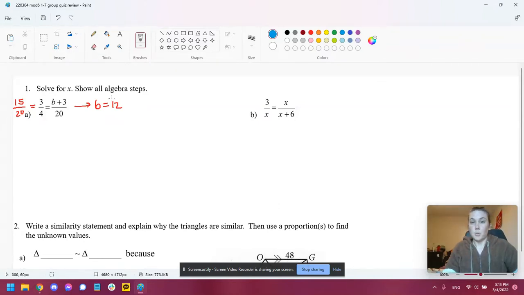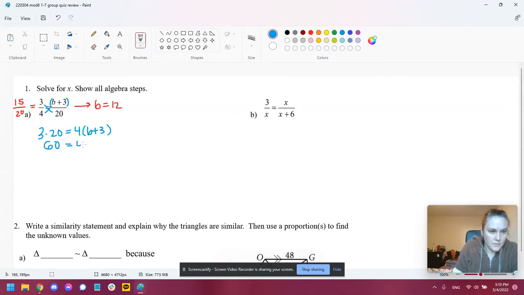You can also go the more systematic way. You can do cross multiplication. So the blue is a different way to do this problem. You don't have to do both ways. Cross multiplication is when I say 3 times 20 is equal to 4 times b plus 3. 3 times 20 is 60. 4 times b is 4b. 4 times 3 is 12.